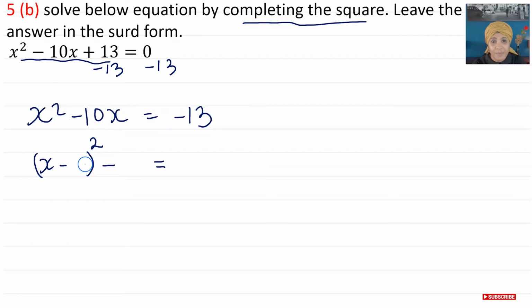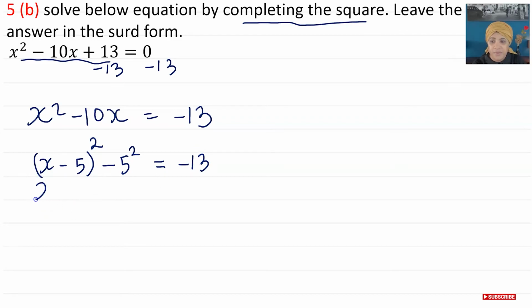So 10 divided by 2 is 5. And then I need to take away this number squared, so I will write it here, 5 squared. This is always negative, guys. It doesn't matter what is here. That's equal to negative 13.